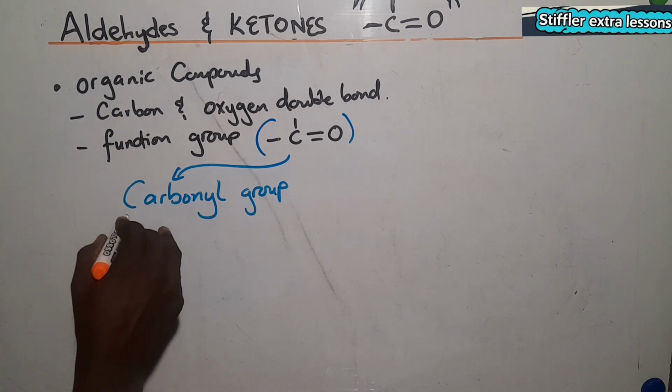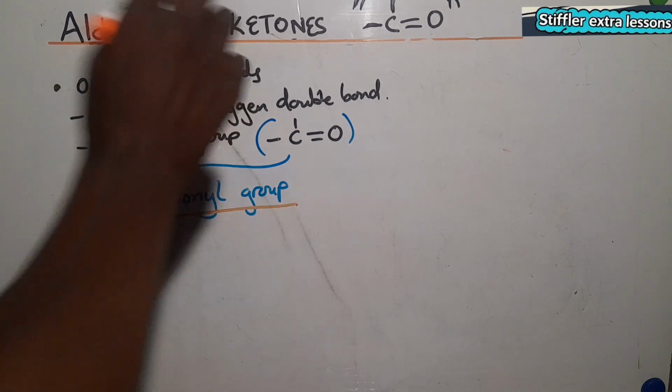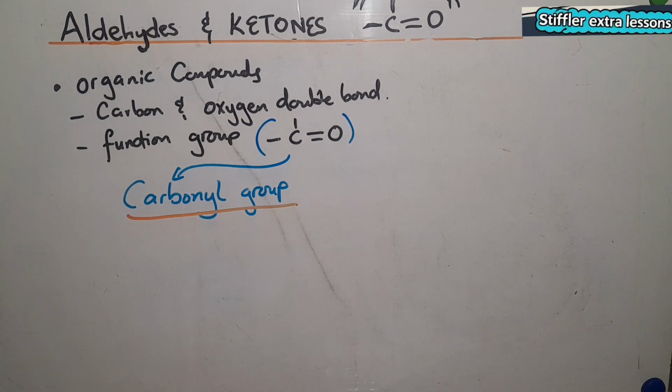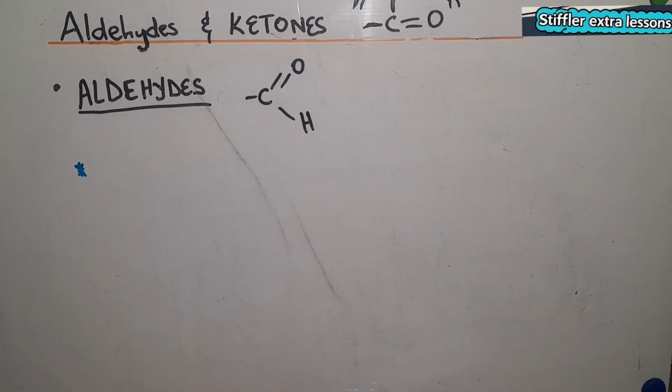So this is the functional group of both the aldehydes and the ketones. We are going to see the difference between the aldehydes and the ketones, and also when it comes to naming, right? So we'll start with the aldehyde first, then we move to the ketone, and we'll see how we can name that, but it is very simple, right? Aldehyde. So how do we name the aldehyde?